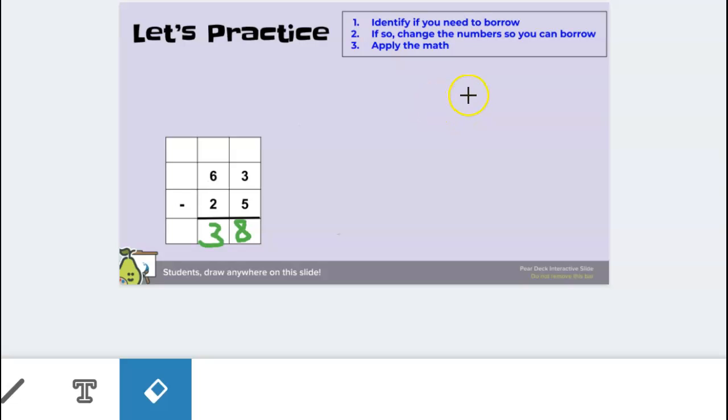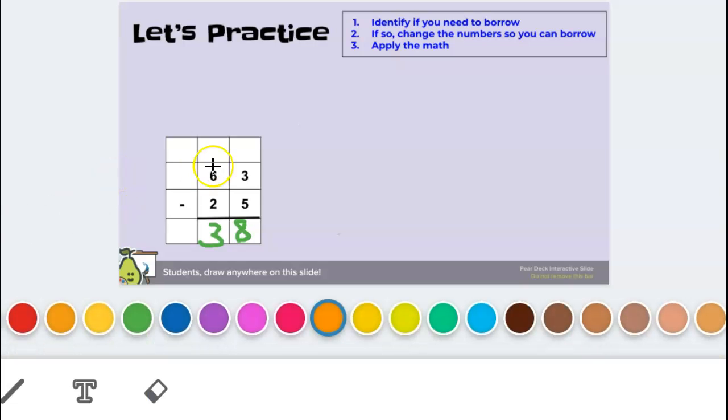Now that I have my answer, I can actually go back in and check my answer. So 38 plus 25 should be 63.